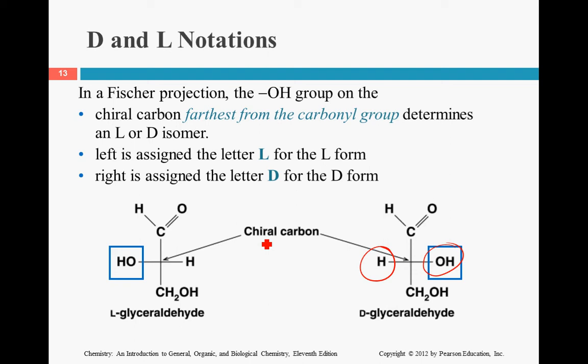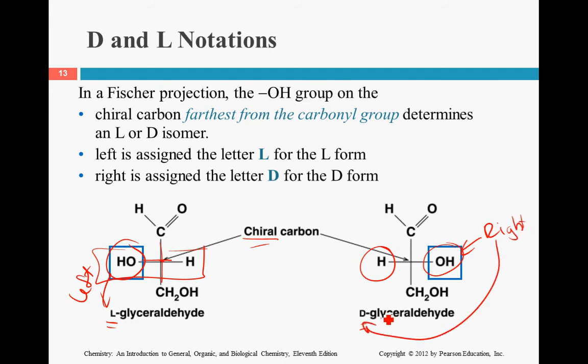The very last chiral carbon, the last intersection, is what you're going to look at to determine if it's L or D. If the OH group is on the left, it has the classification of L. If it's on the right, it has a classification of D.